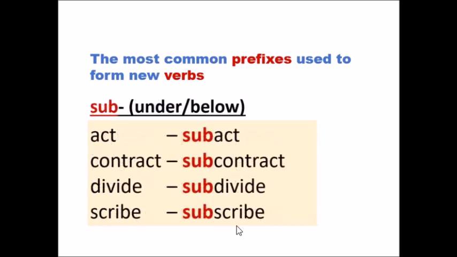Next prefix is sub, which means under or below. Let's see some examples. Act, subact. Contract, subcontract. Divide, subdivide. Scribe, subscribe. Again, we have added a prefix to the verbs to form another verb.